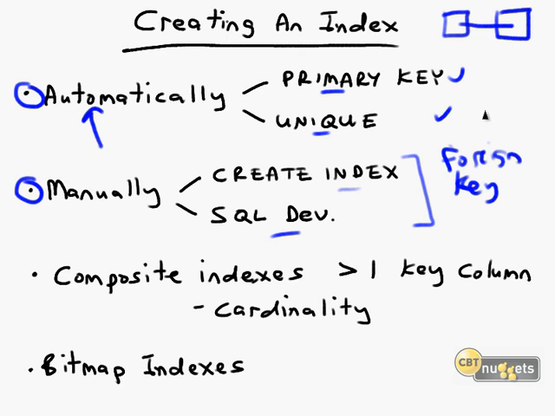Oftentimes, a database developer will index on a foreign key column as well. In other words, create another index that keys on the foreign key to improve the join performance in those complex queries. Essentially, the guiding principle in creating indexes is you need to really analyze and get a handle on the kinds of queries that your users need to perform on your data, and let that be your guide.